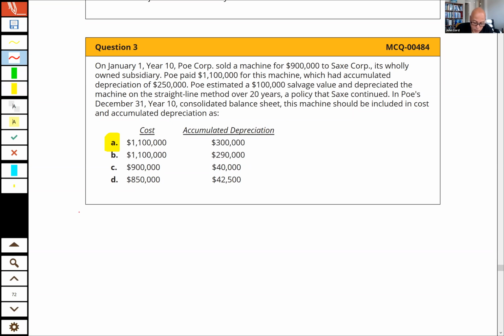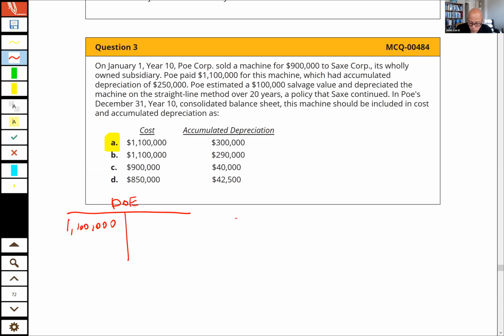Now, hang on a minute. Let's look at that. So Poe bought the machine for $1,100,000 way back when. I don't know when they bought it, might have been earlier that year, but when they bought it, it was for $1,100,000. Well, it couldn't have been earlier that year.